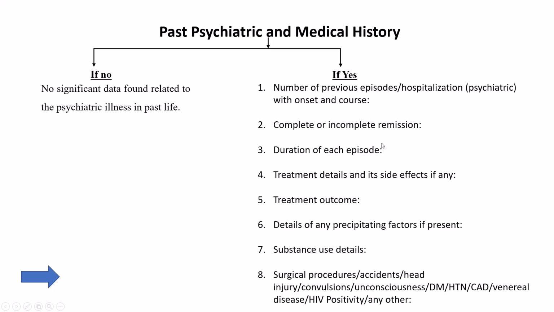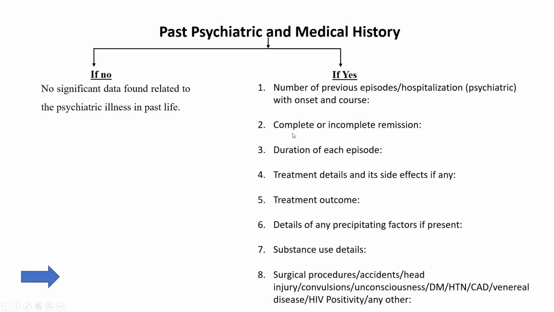Completely remitted, then again now it started. Otherwise, the problems reduced only, and he sometimes gets irritated. If there is a statement like that, that is called incomplete remission. Remission means he became normal after the problem. It means 2 or 3 years back he had a problem, and after that he became normal. Then that is called remission.